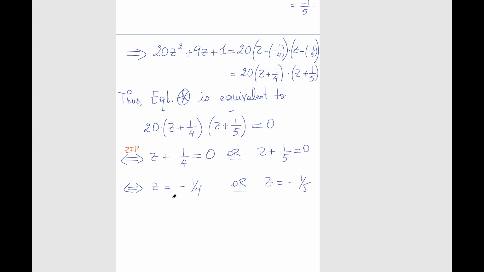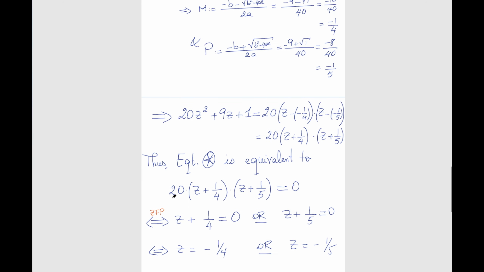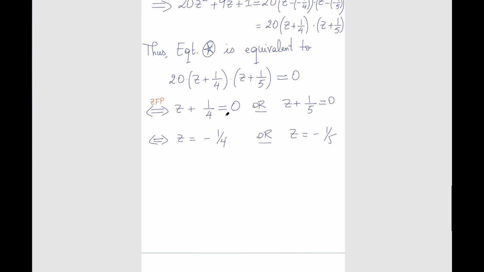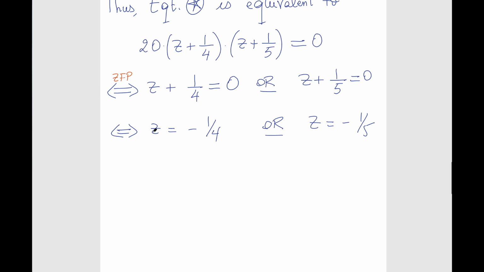Okay, but z has nothing to do with the problem except when I introduced it right there. Z is the reciprocal of x, because I wanted to solve this pink problem, right? So let's go back to the x environment. Now I know what z should be.